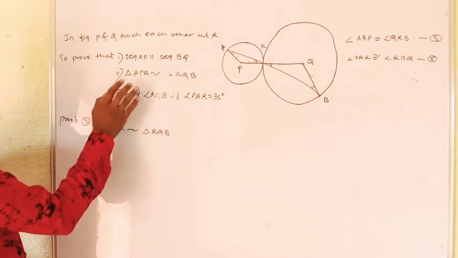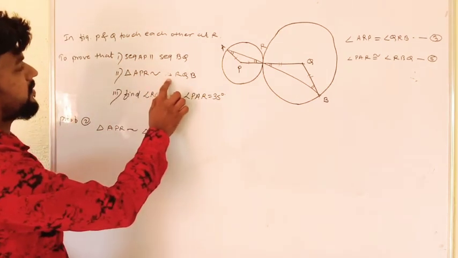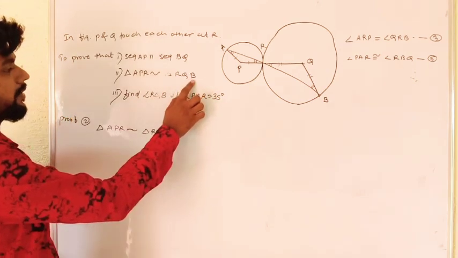Now over here the second question is given: triangle APR is similar to triangle RBQ.